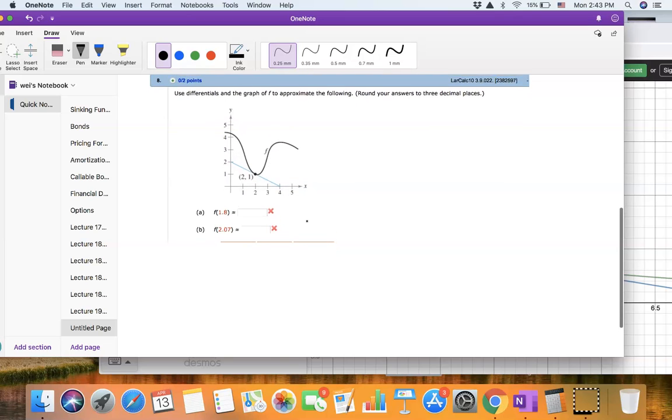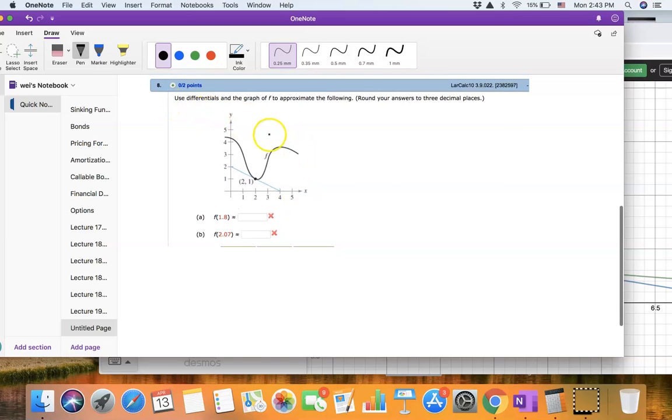Then let's take a look at this problem. So here we're given the graph of this function f(x), and we want to estimate the function value when x equals 1.8 and 2.07.